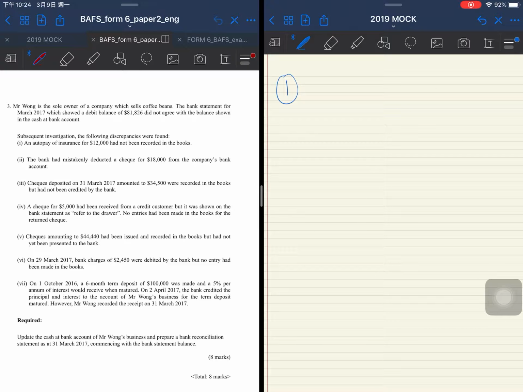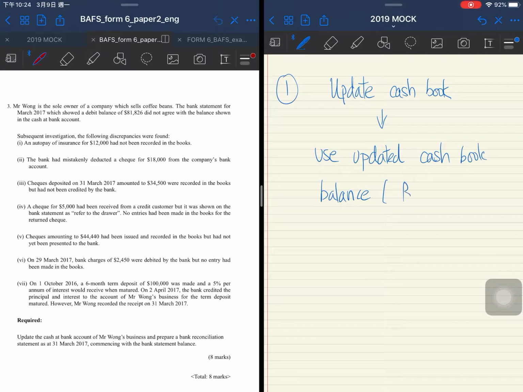The first way is to update the cash book, and then use the updated cash book balance, that is our balance carry forward or carry down, to update the bank reconciliation statement.